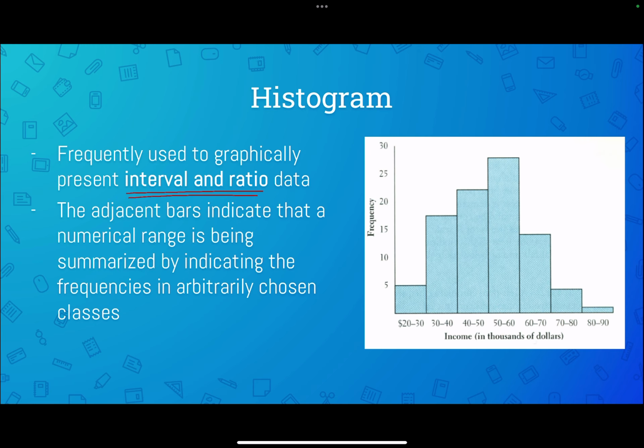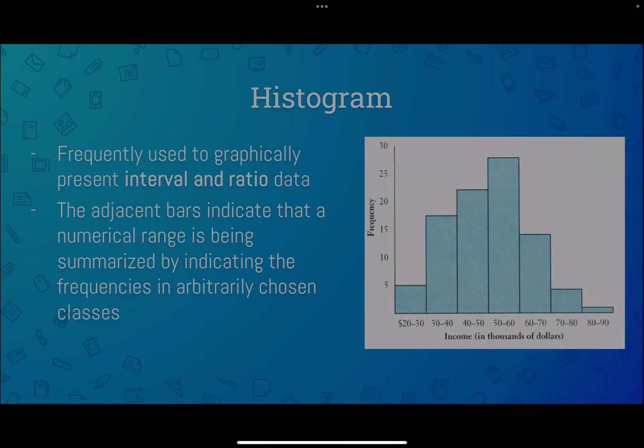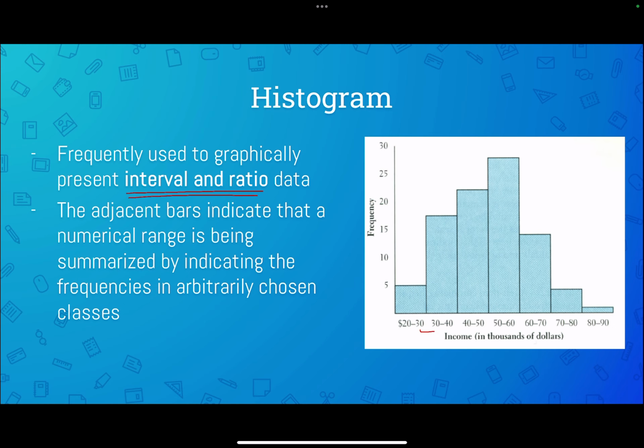The adjacent bars indicate that the numerical range is summarized by classes. In this case, this is a continuous variable. We're talking about income. That is why in a histogram the bars are together, because of continuity.